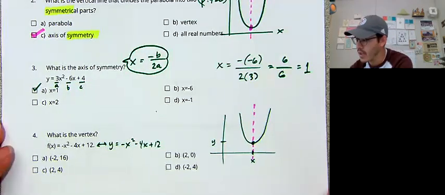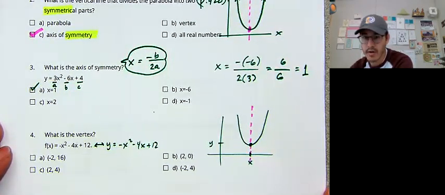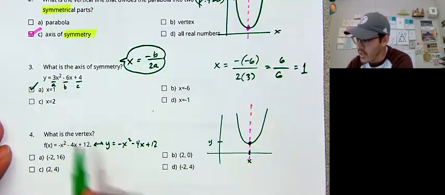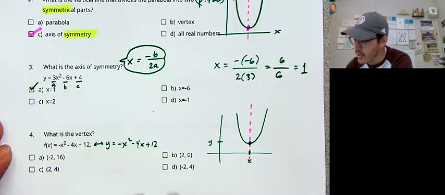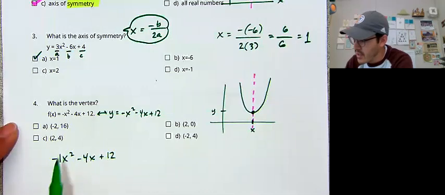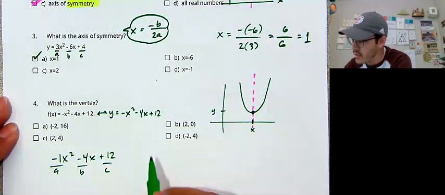Let's start by finding the x coordinate first. It's too small here, so let's write it here as negative 1x squared minus 4x plus 12. So this is my a value, my b value, and my c value.